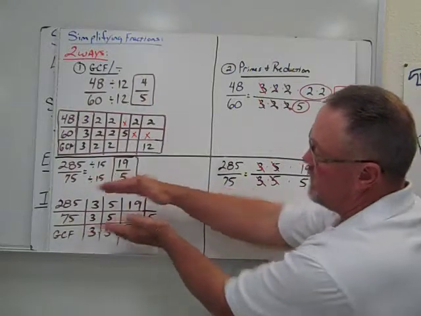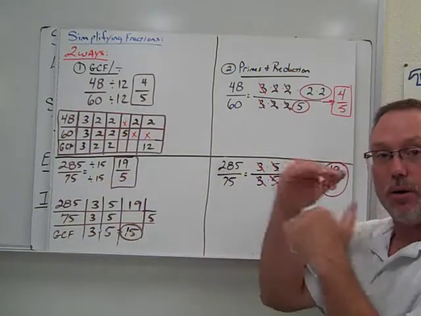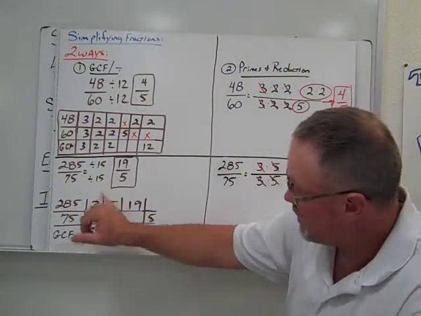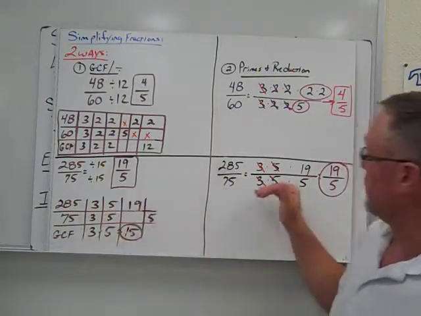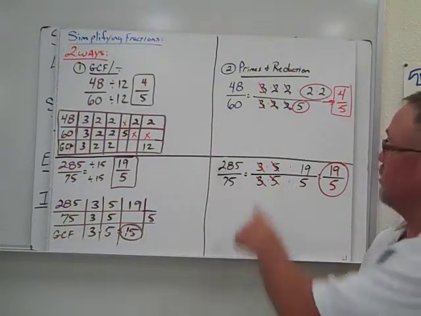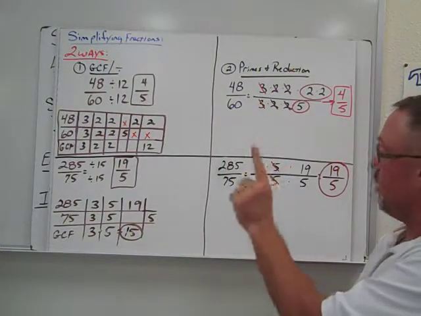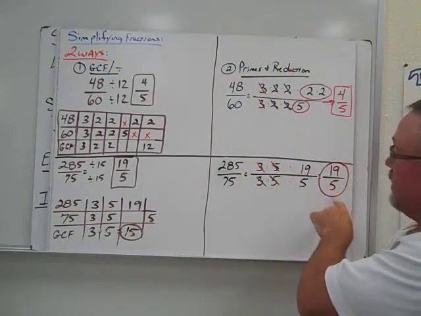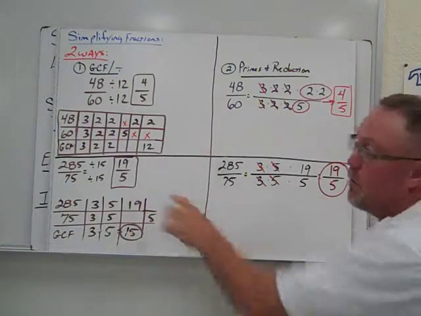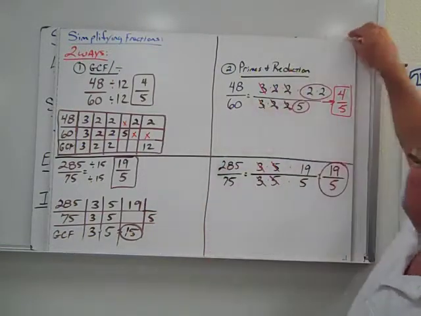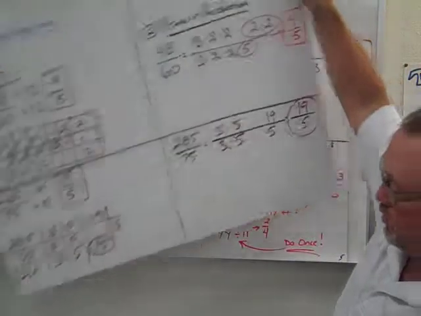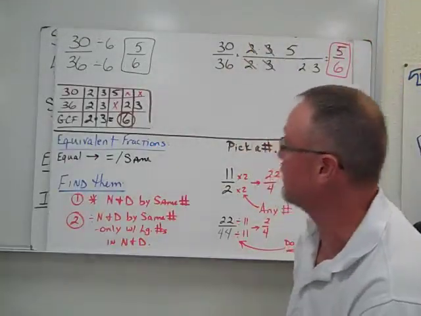So I can take this information and put it over here if I want to do that. Realistically, you could probably do it in the grid as well. So you'd have 3 and 5, 3 and 5, those would reduce to 1. You're left with 19/5, so you come up with the same answer. So again, giving you choices in what you can do in regards to finding the answer.